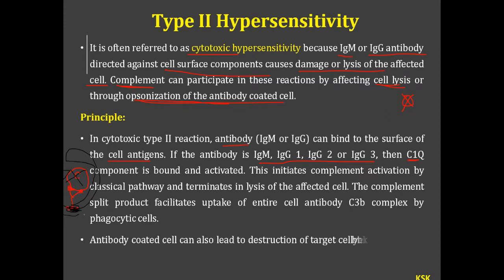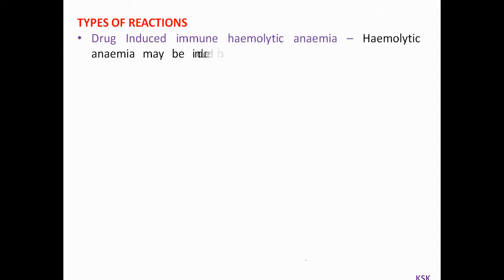The antibody-coated cell can also lead to destruction of the target cell by killer cells through antibody-dependent cell-mediated cytotoxicity. It can be clearly understood through the mechanism along with an example.